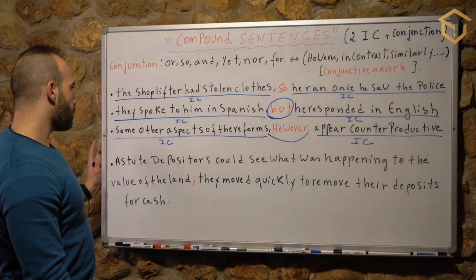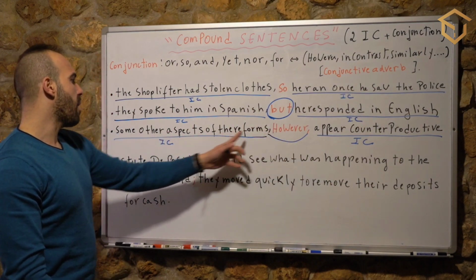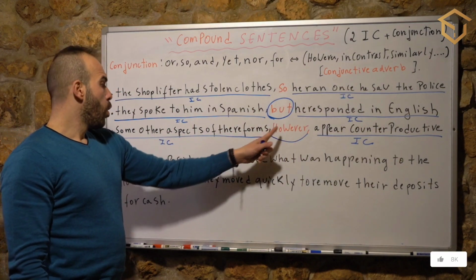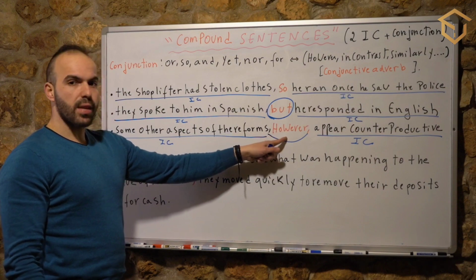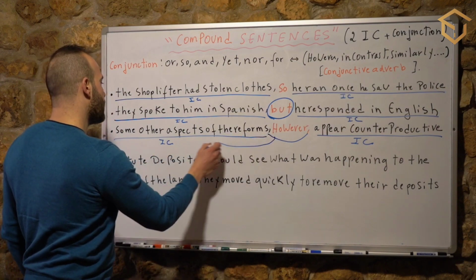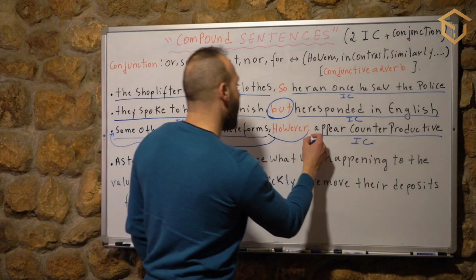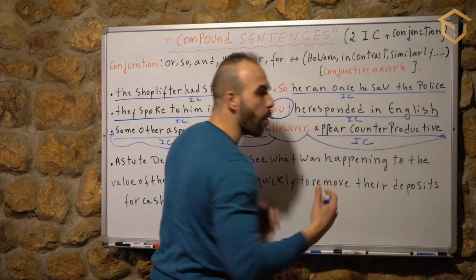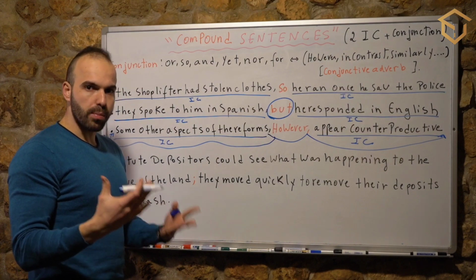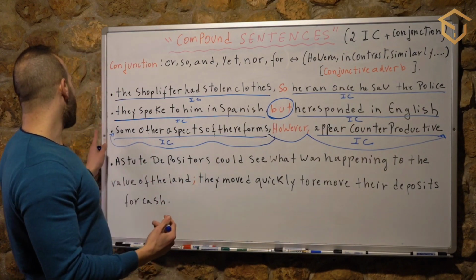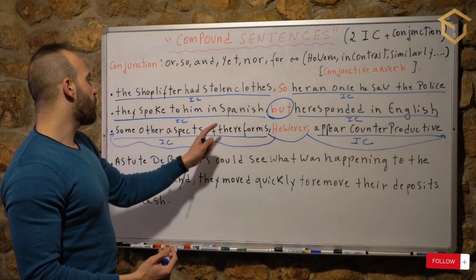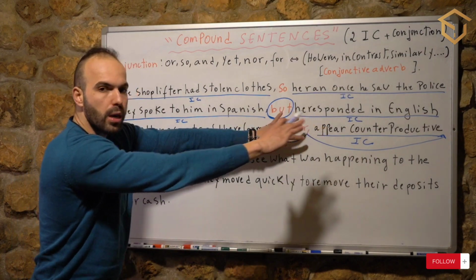Okay, so in this specific sentence, however, the conjunctive adverb, we can use however in the middle of the sentence, or we can even use however at the beginning of the sentence, or even at the end of the sentence. And that's how beautiful conjunctive adverbs are. For example, however, some other aspects of the reforms appear counterproductive.